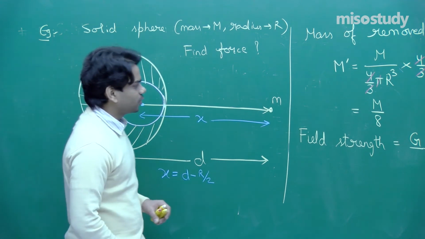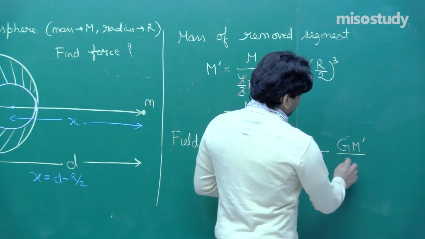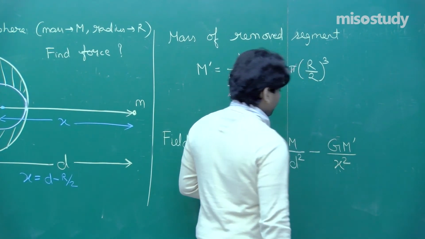So let me write down G m dash by x whole square.